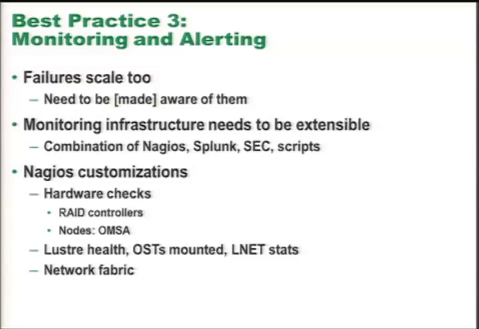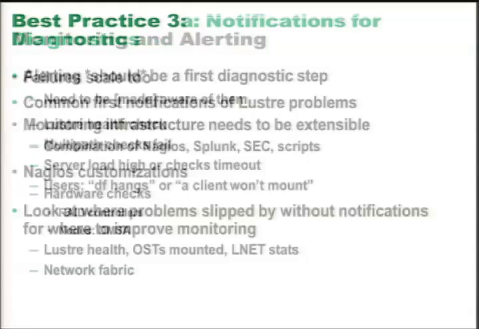We use Dell OpenManage for our nodes' hardware status and environmental statistics. We also use Nagios to monitor Lustre health in /proc. Things like making sure all the OSCs are mounted, and that the LNet queue depth isn't increasing. And we also are starting to use it for our network fabric. I'm going to touch on that in a second.